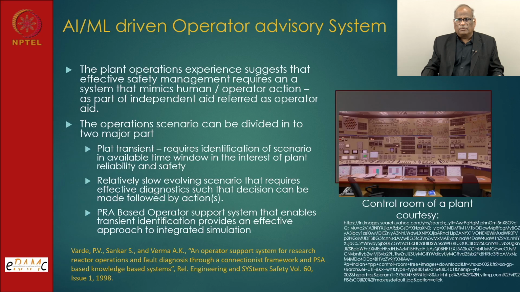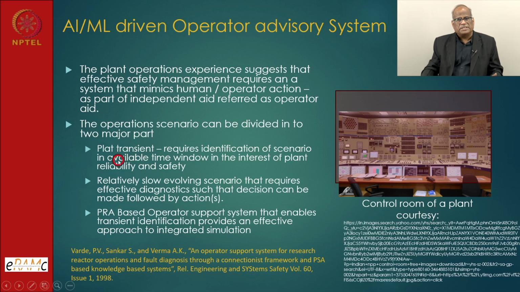And then okay, so we have an operator support system, an advisory system, and usually what it does basically is for plant transients. Actually one requires an operator support system for two situations. One is when the plant transient occurs. The transient means from normal operation to shutdown.